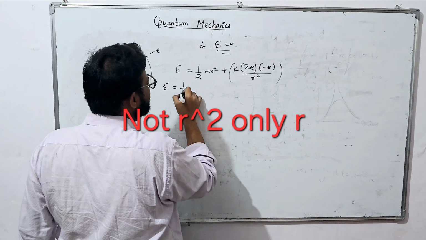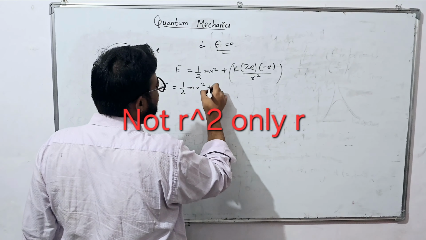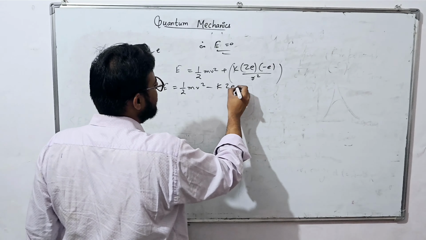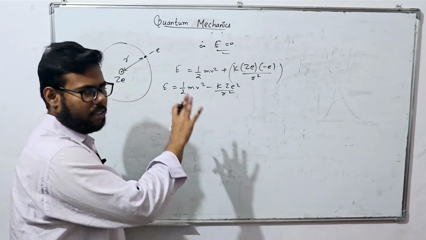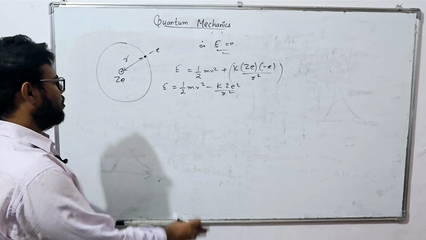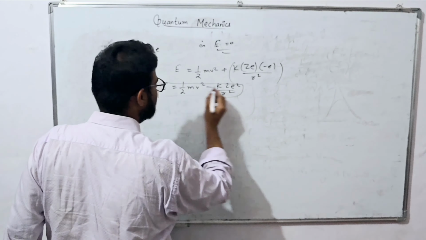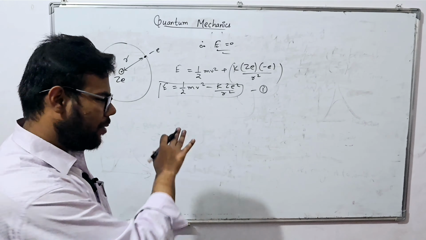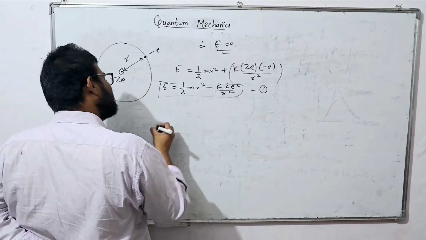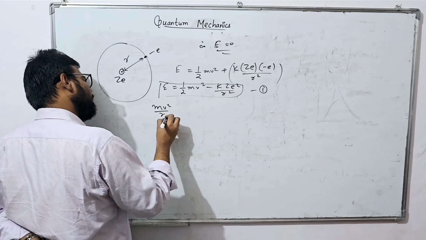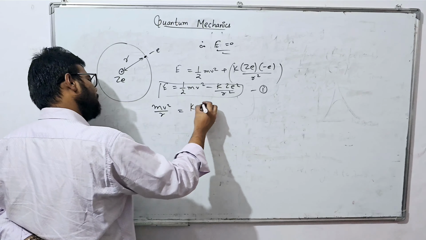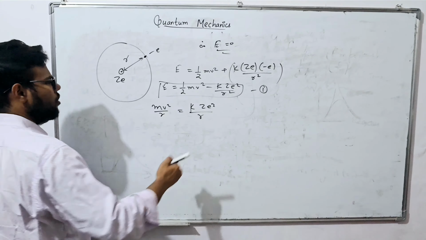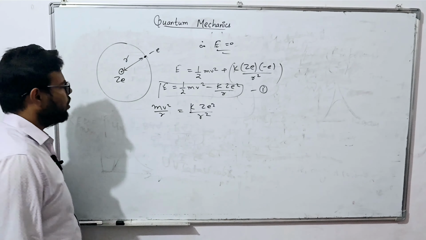So you get energy equal to half mv square minus kZe square by r. This is the concept. This is your first equation for now. I'm sorry, I just drew the line like that. I hope it's clear. And the second equation is mv square by r is equal to kZe square by r square, right? Is it okay? Sorry, it will be r here and r square there.